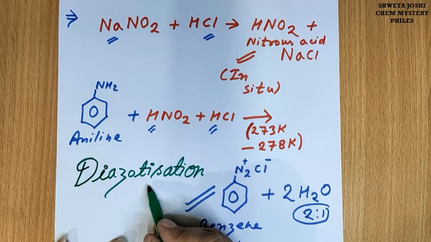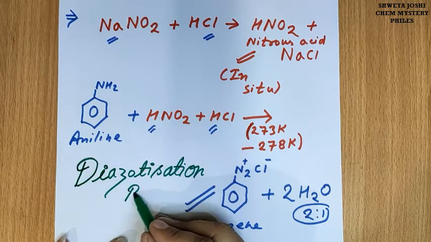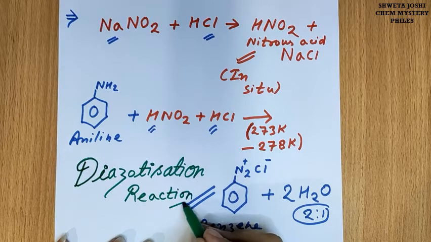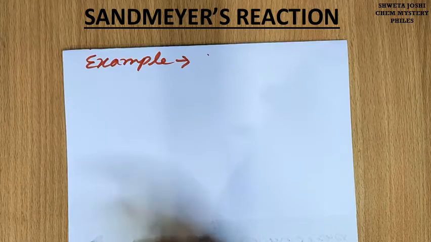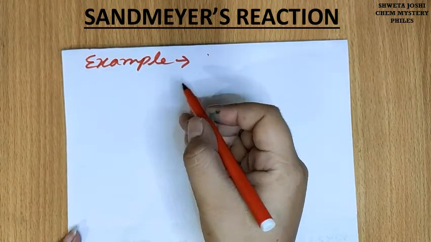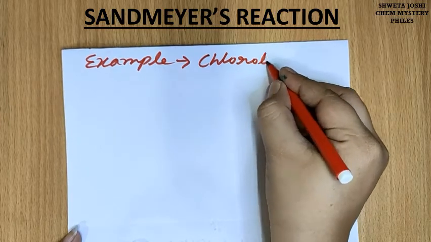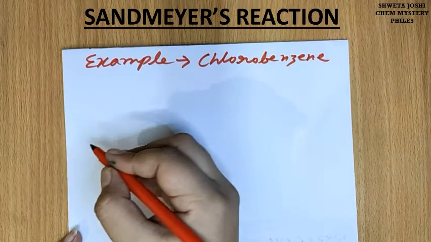This reaction is known as the diazotization reaction. Now taking up the example of the Sandmeyer reaction for the formation of chlorobenzene using benzene diazonium chloride.